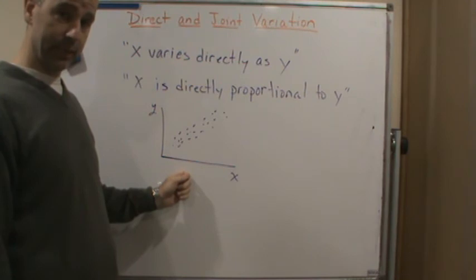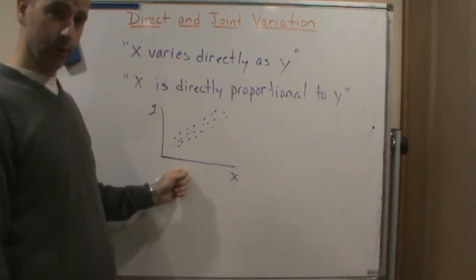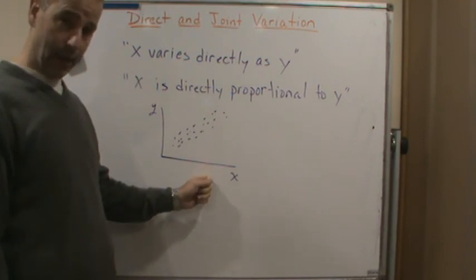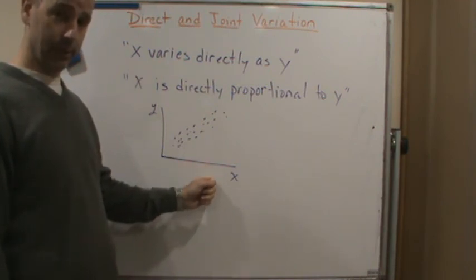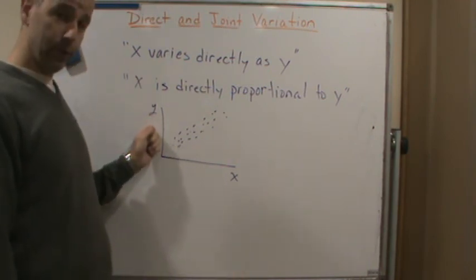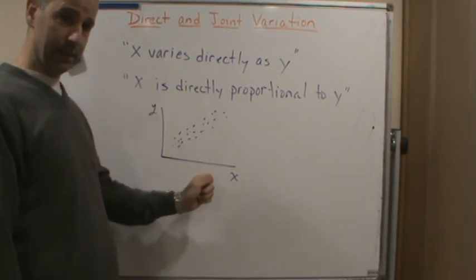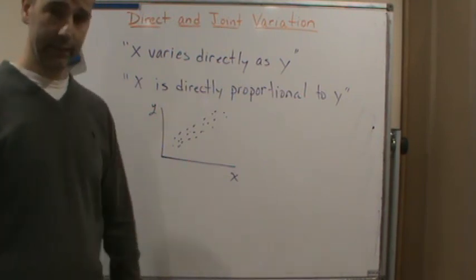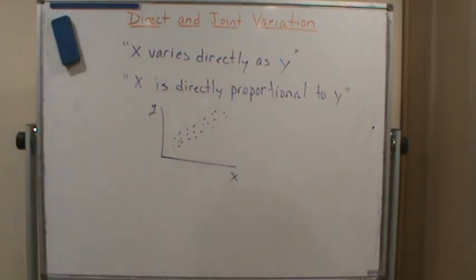In my apples example, the number of apples sold is the independent variable. The amount of revenue I earn is the dependent variable because it depends on the number of apples I sell. Next time I'll put out the steps of how we solve these types of problems and then do some examples.